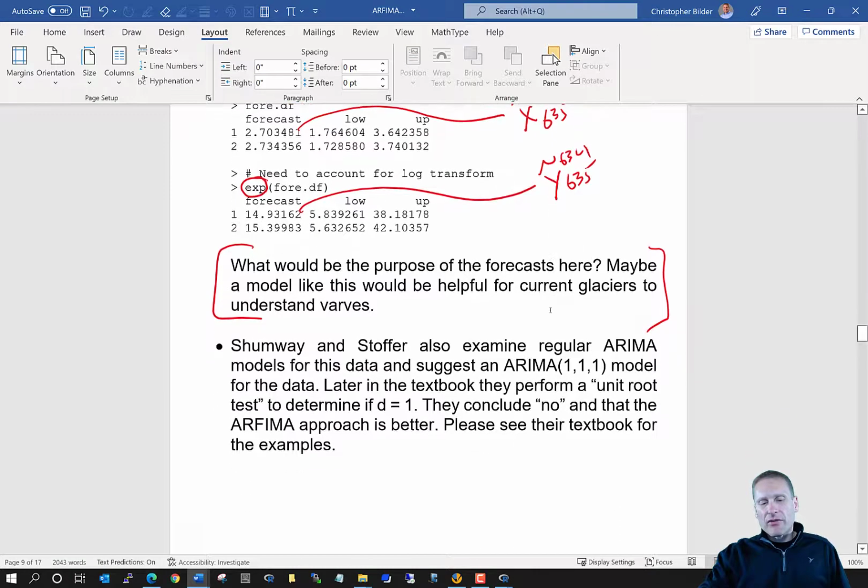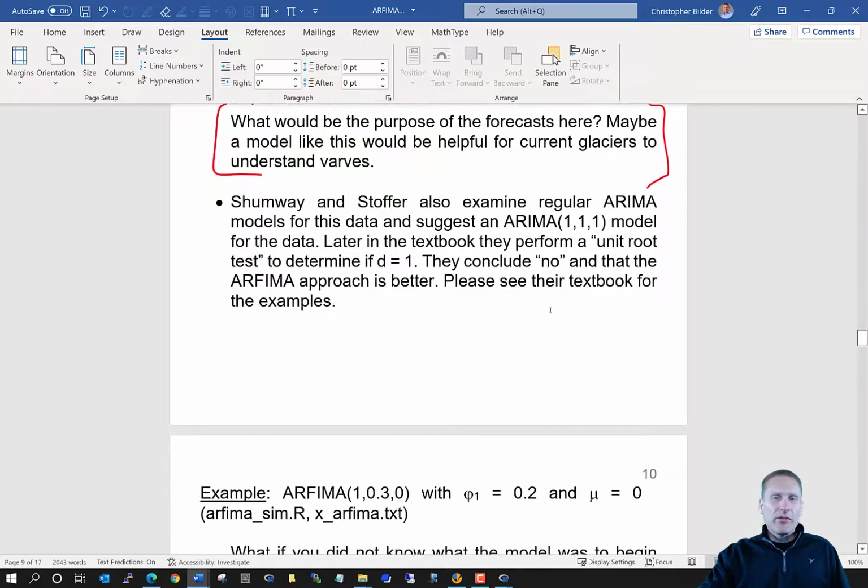Now, another interesting note is that Shumway and Stoffer also examined this data set in a different place in their book, and they work with ARFIMA models for this data, where they allow fractional differencing to occur, and they suggest an ARFIMA(1,1) model would be appropriate.